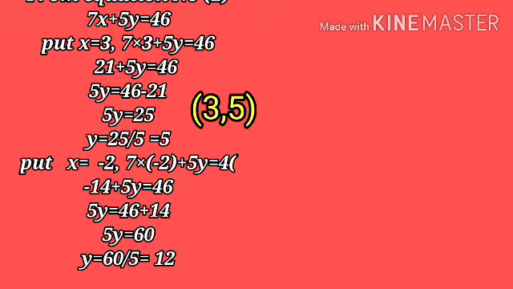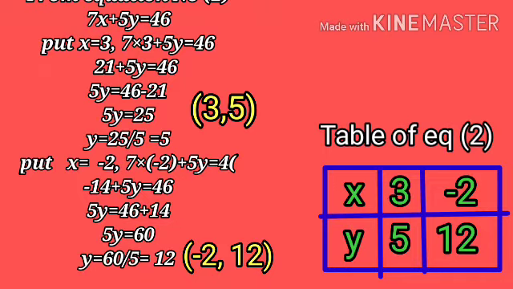Now it is minus 14, and this minus 14 transfer to the right side, so it will be plus 14, and 46 plus 14 means 60, and when 60 is divided by 5, we will get once again an integer which is 12. So our second point is minus 2 comma 12, and first point is 3 comma 5.